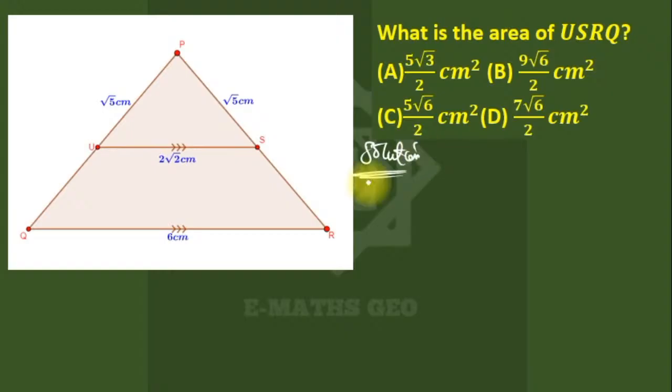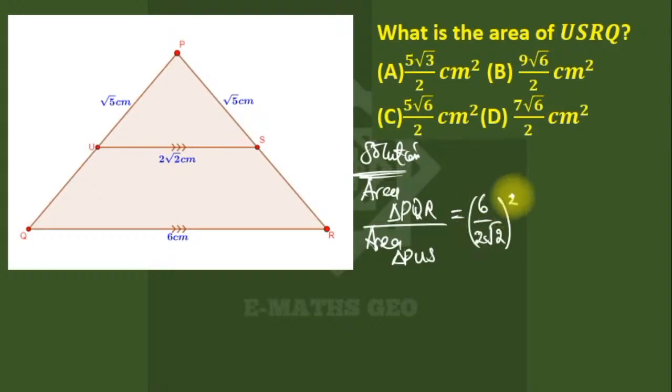If I do the area of triangle PQR to that of triangle PUS, I see that the ratio of the corresponding sides is 6 over 2 root 2, all squared. Now the ratio of areas of similar triangles equals the ratio of the squares of the corresponding sides. This is 9 over 2.